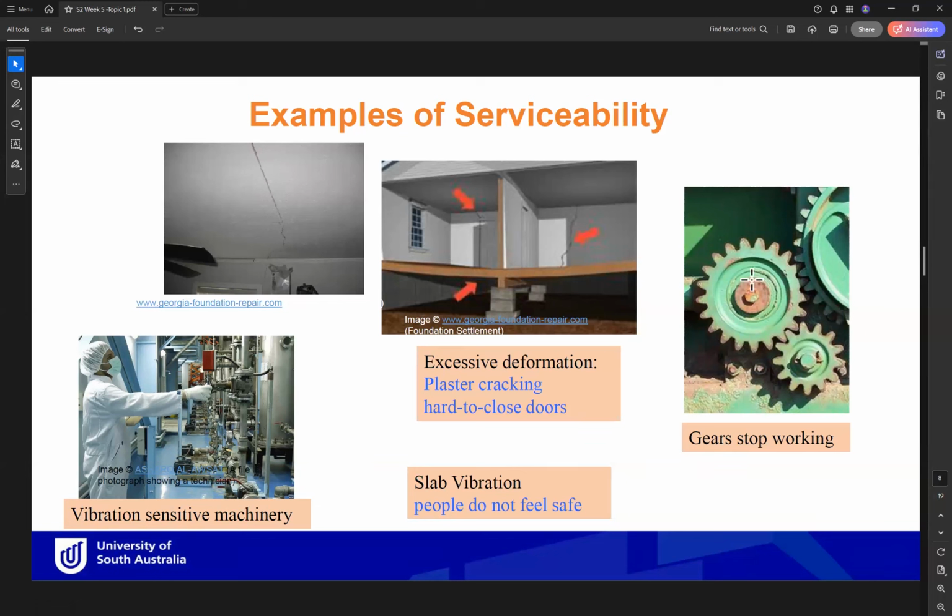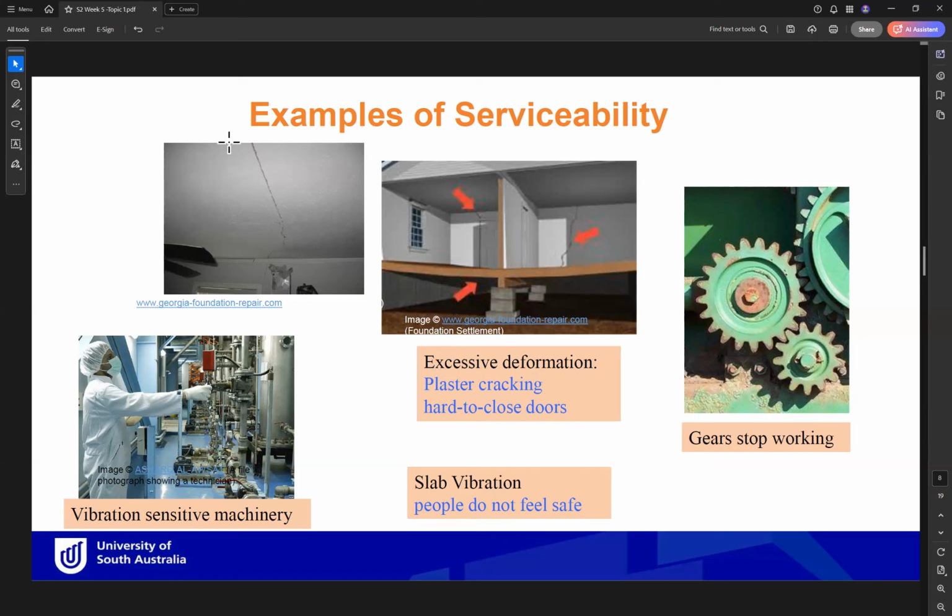Here we have also gears that stop working due to expansion or contraction of the gears. So excessive deformation can also cause, similar to the first one, plaster cracking.